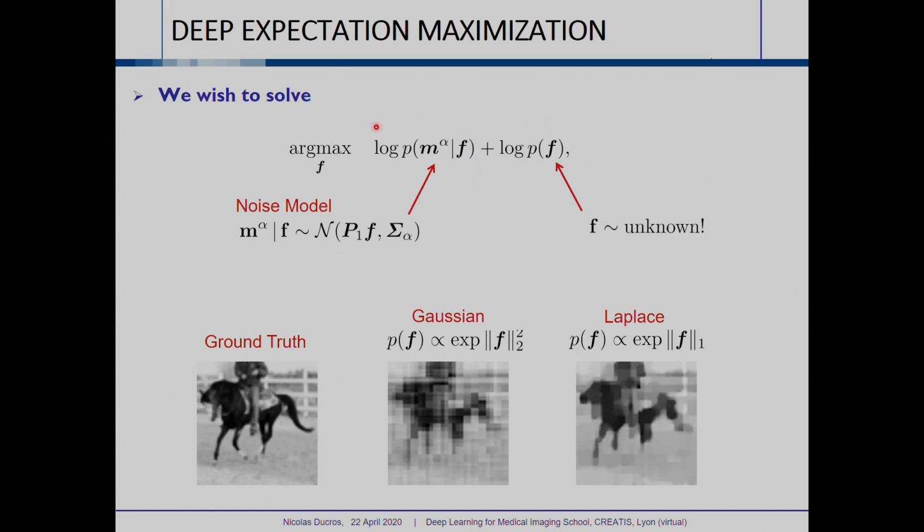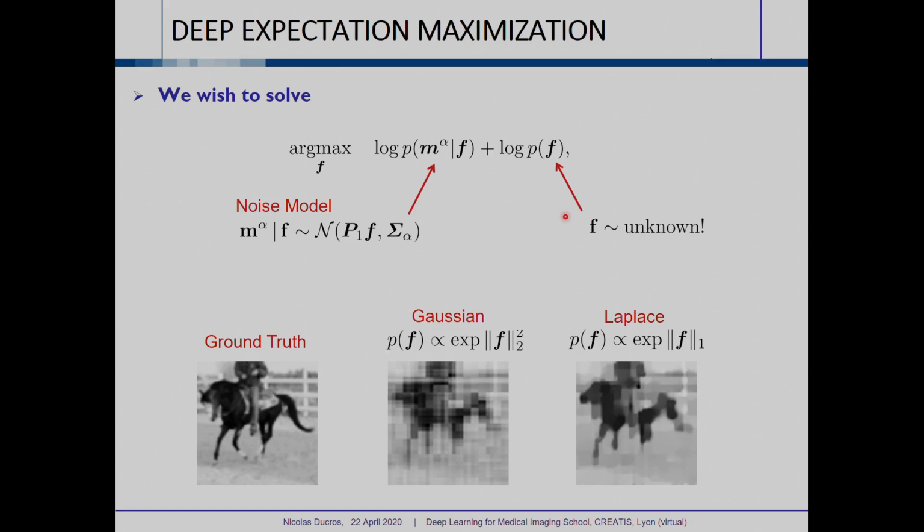This term is well known because we already assume that this conditional distribution is a Gaussian with known mean PF and with known variance sigma alpha, so we know this term. However, the second term completely depends on F and is unknown.